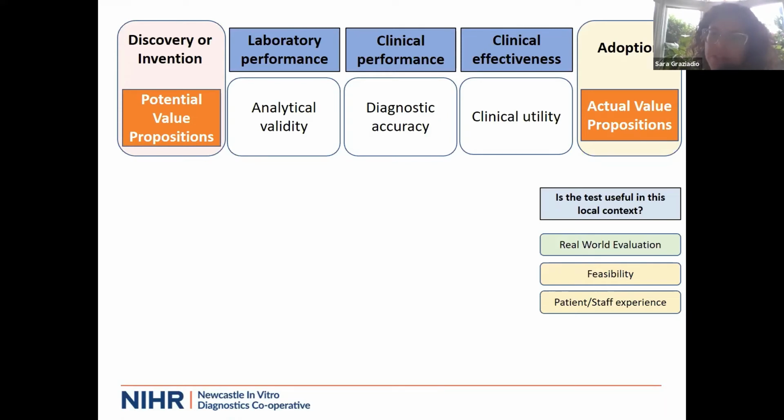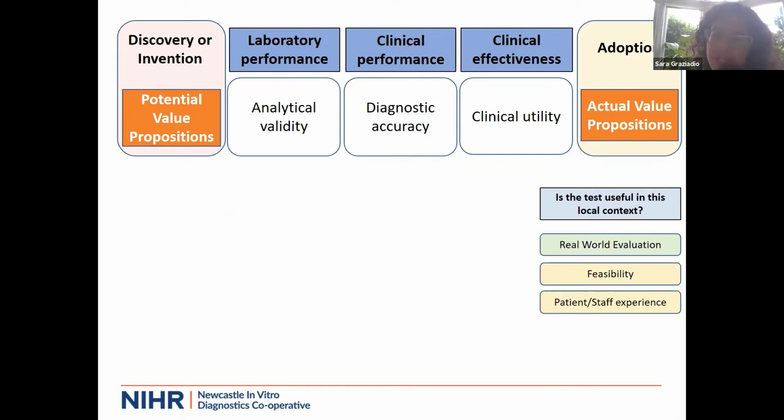Perhaps they're used in a slightly wider population, where its validity and utility haven't been completely demonstrated. So it's important to assess again, plus obviously pathways are all slightly different. So the comparison that you've used in a clinical utility study might not be completely the same as that in that specific local context.